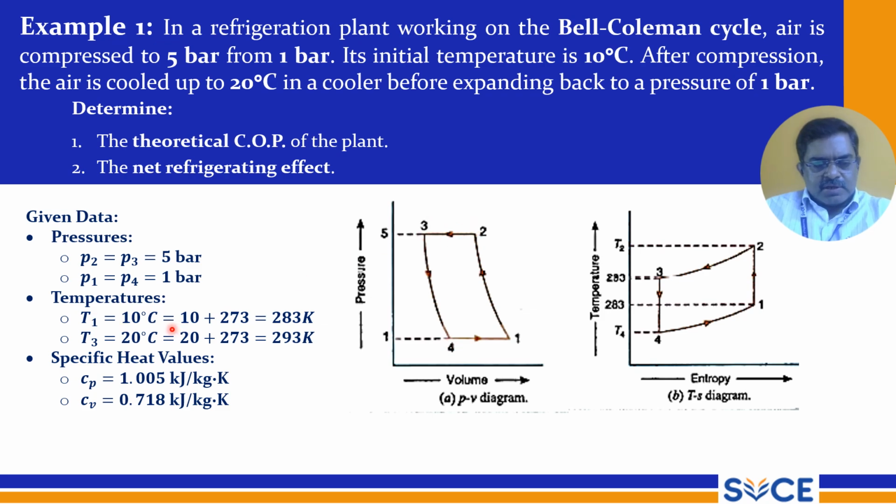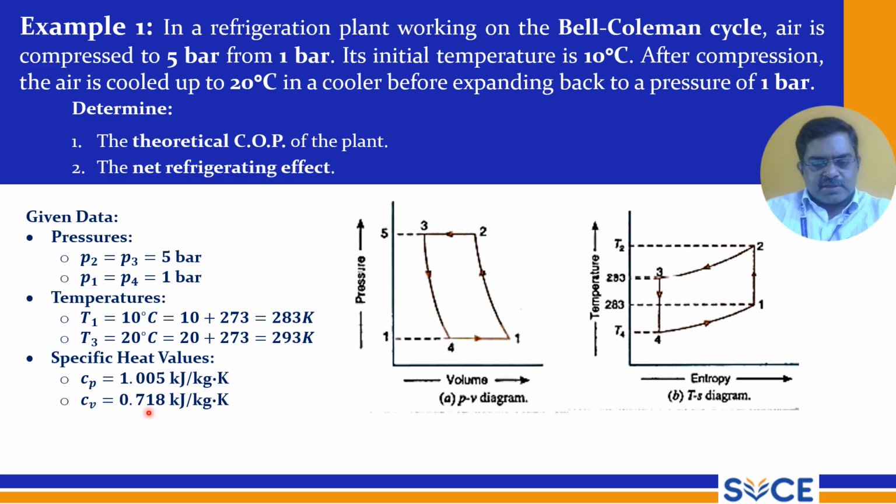T1 equal to 10 degrees Celsius, so that is 283 Kelvin. T3 equal to 20 degrees Celsius, that is equal to 293 Kelvin. And Cp and Cv, specific heats also given, 1.005, and Cv is 0.718 kilojoules per kg Kelvin.